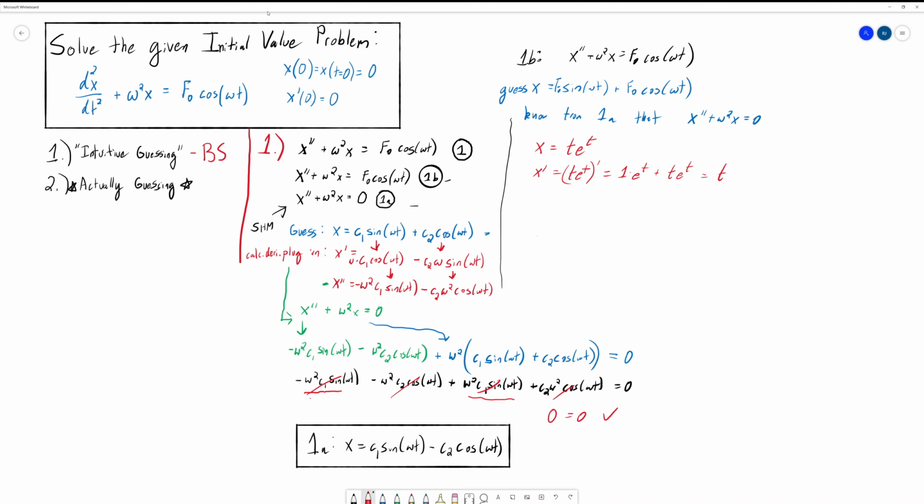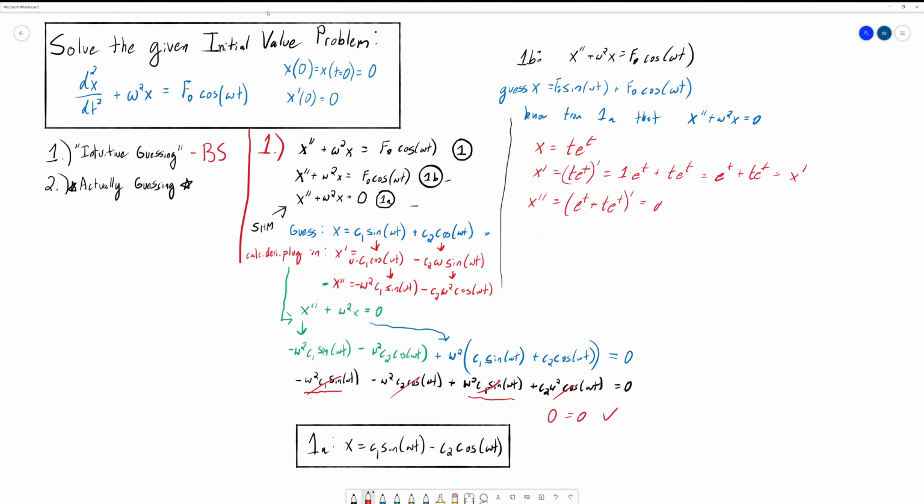So this is going to be e to the t plus t e to the t, which is going to equal x prime. And similarly, if we took the second derivative, again with the product rule, well, first, it's a linear operator, so we can distribute.